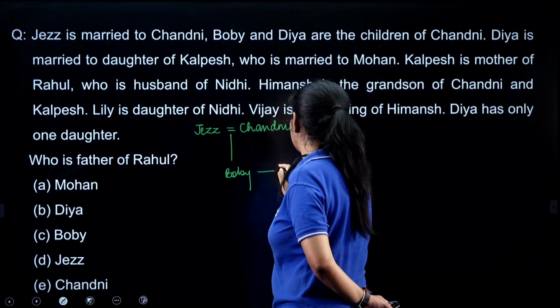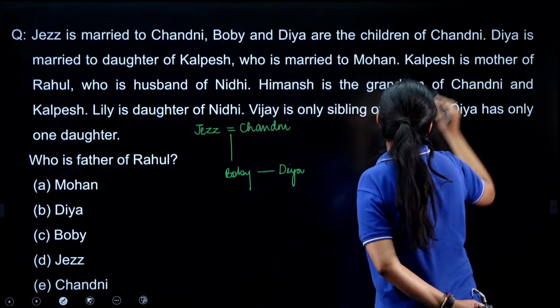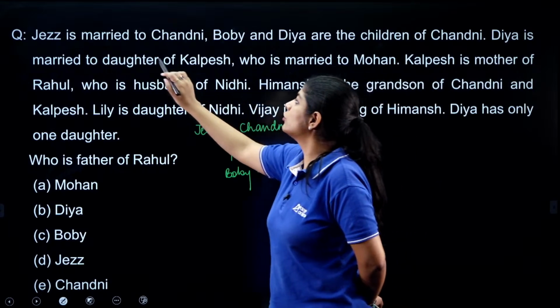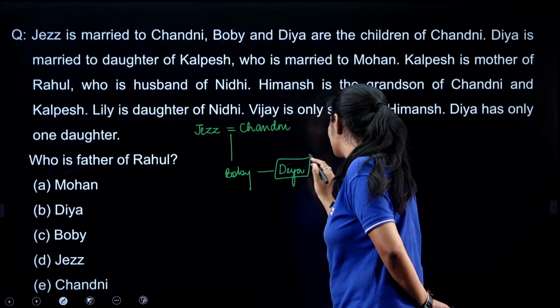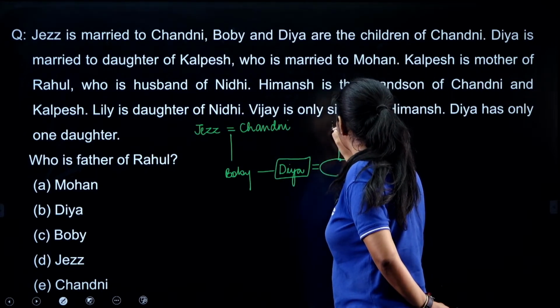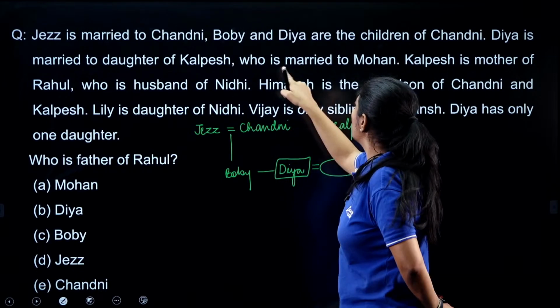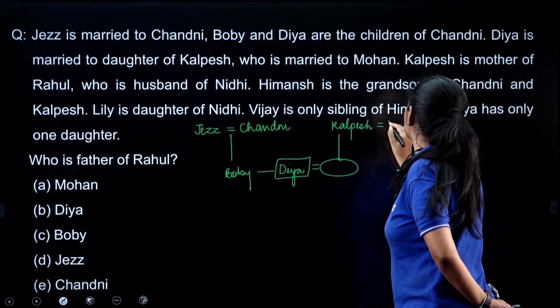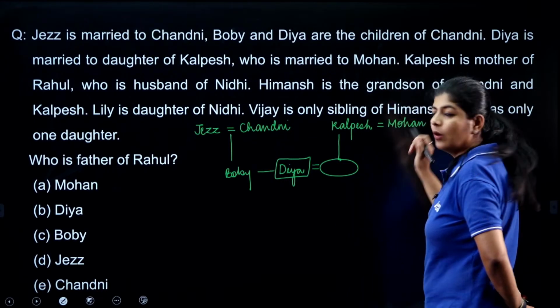Now, next. Diya is married to the daughter of Kalpesh. If it is so, then we can say that Diya is male and he is married to the daughter of Kalpesh, who is married to Mohan.